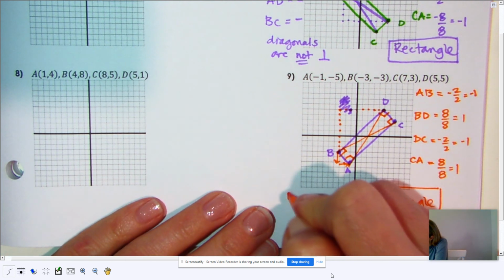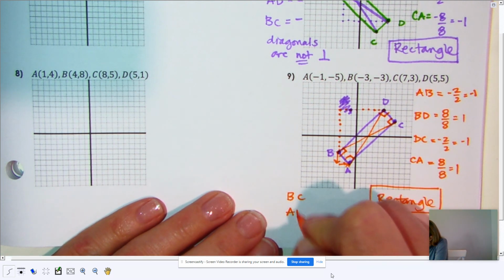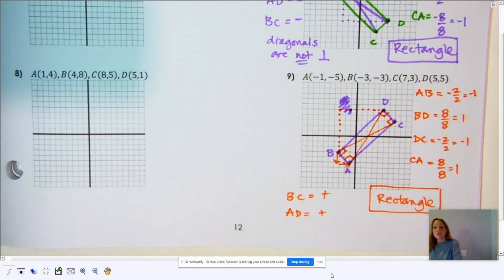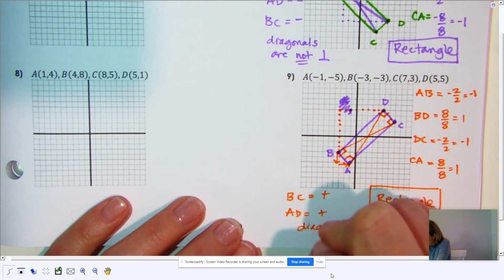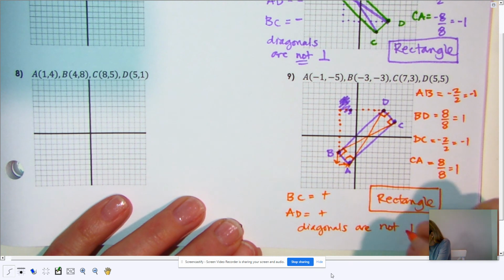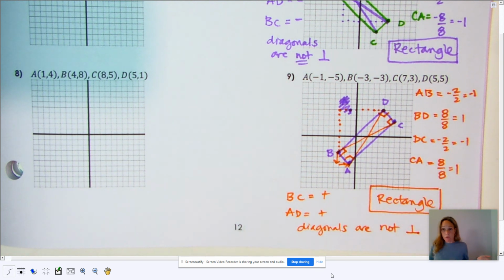From B to C and A to D, both of those are going up, so they're both positive, so they can't be perpendicular. In order for them to be perpendicular, one has to be positive, one has to be negative, and they have to be reciprocals of each other.